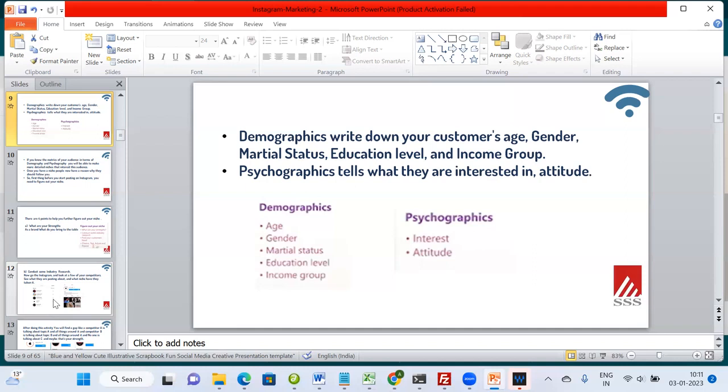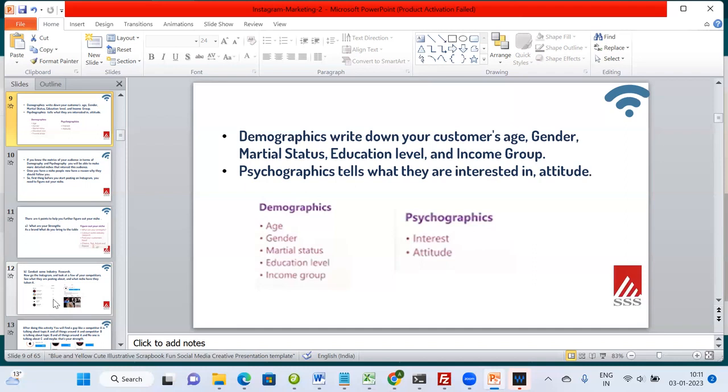Now, suppose the product is online training in app development. If this is the product for which the Instagram page is there, we have to understand what age people will be interested in app development.